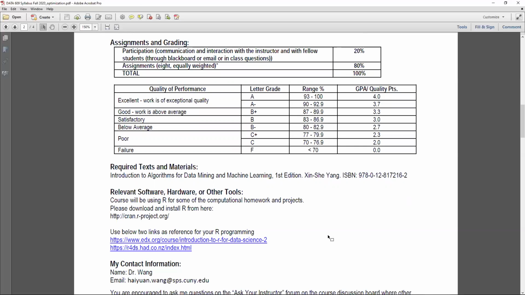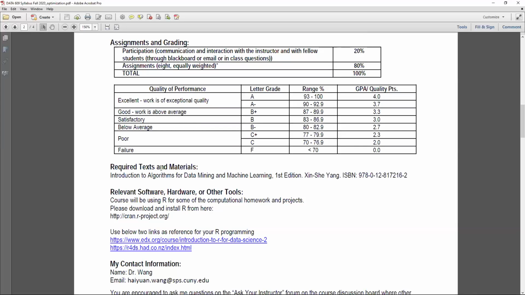What you do is communicate and interact with the instructor and also with fellow students. That could be through Blackboard or email or in-class questions. So that's 20%.